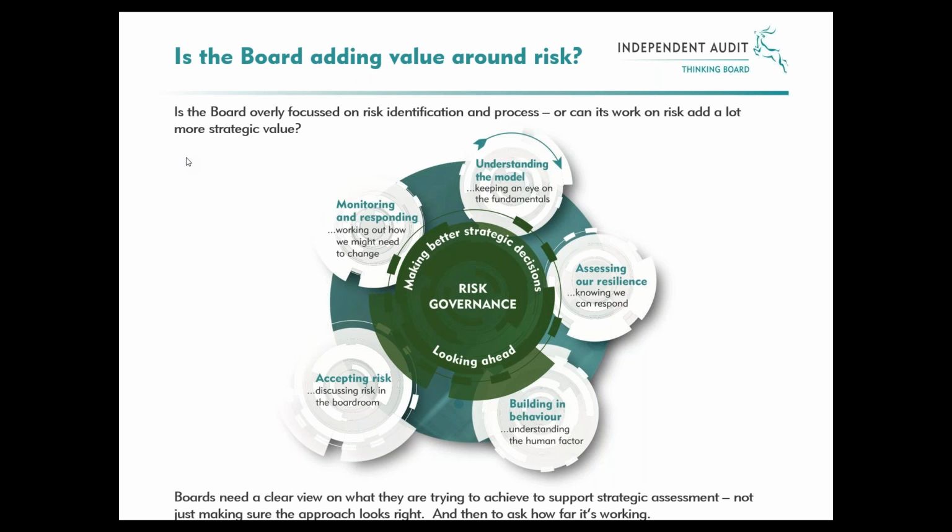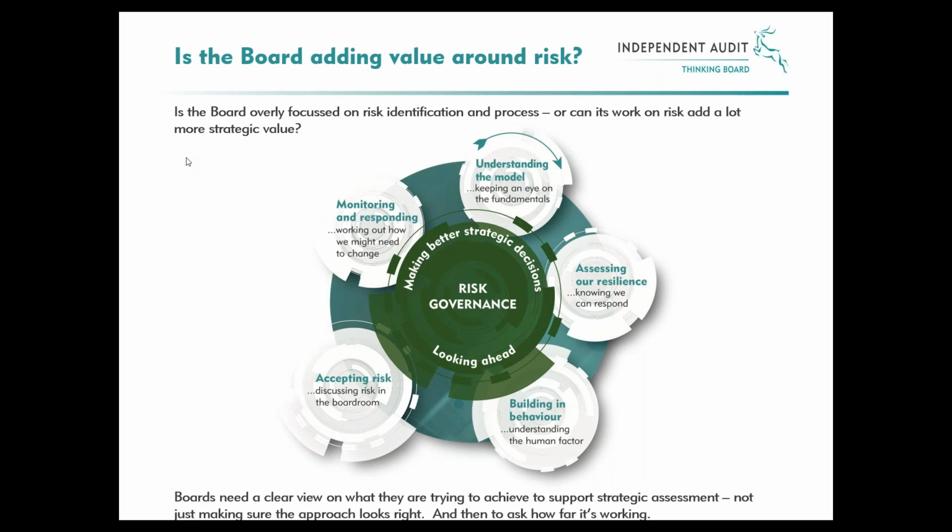So we think boards should look at the way that when they are making decisions, when they are debating issues across the agenda, they ask the question, is the risk inherent here acceptable to us? Very often we see boards looking at it just once or twice a year, often when the principal risk list is produced, which is far too much of a process, rather than building risk into the board's discussions.